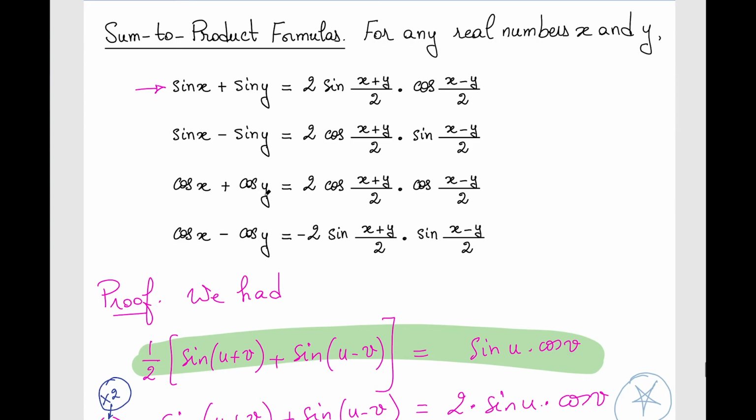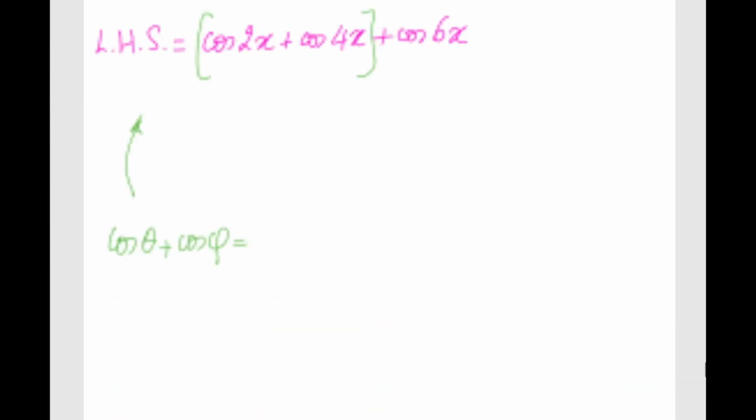Cosine theta plus cosine phi is twice cosine of theta plus phi over 2 times cosine of theta minus phi over 2.